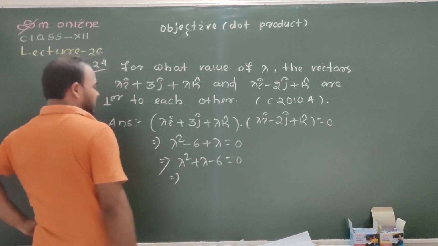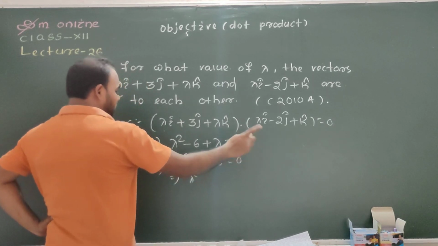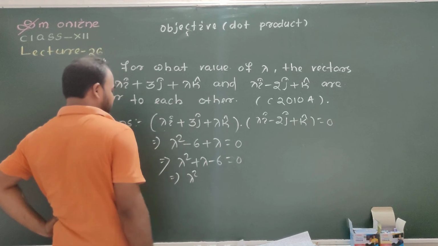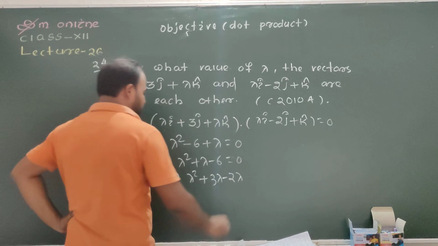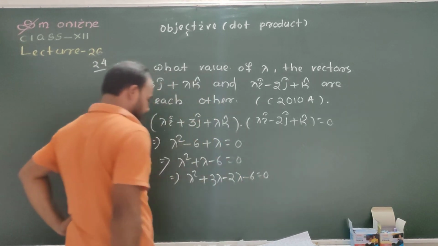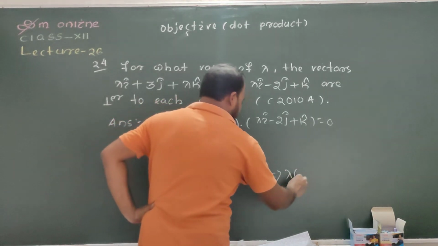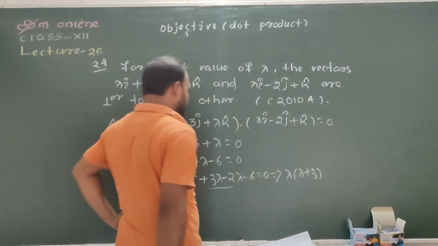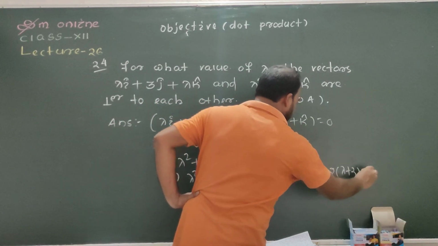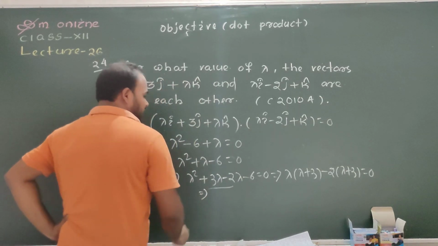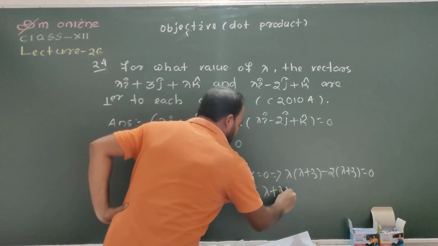Now we have to factorize this. Minus 6 can be split as plus 3 lambda minus 2 lambda. So lambda square plus 3 lambda minus 2 lambda minus 6 equal to 0. Taking lambda common, lambda into lambda plus 3, and minus 2 common, minus 2 into lambda plus 3, equal to 0. This implies lambda minus 2 into lambda plus 3 equal to 0.